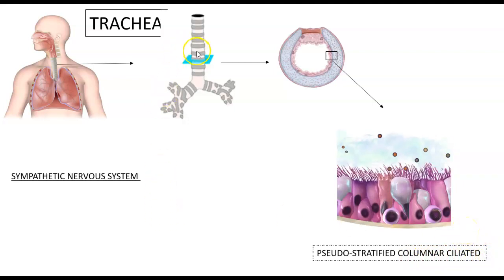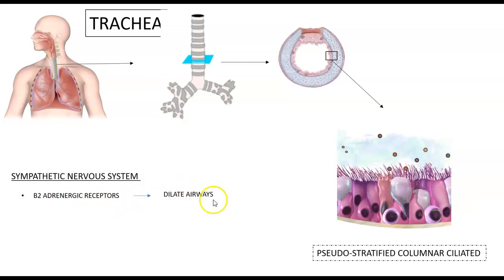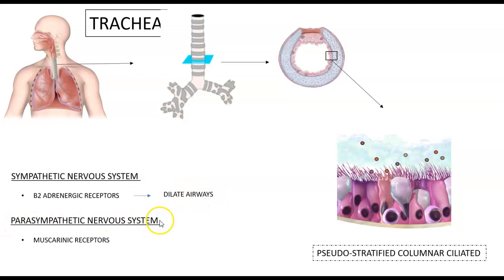This area is also innervated by our sympathetic nervous system, which includes our beta-2 adrenergic receptors. If we stimulate these receptors, we will dilate our airways. And then the parasympathetic system has muscarinic receptors located in the trachea and in the bronchi and in the lungs that will constrict our airways.